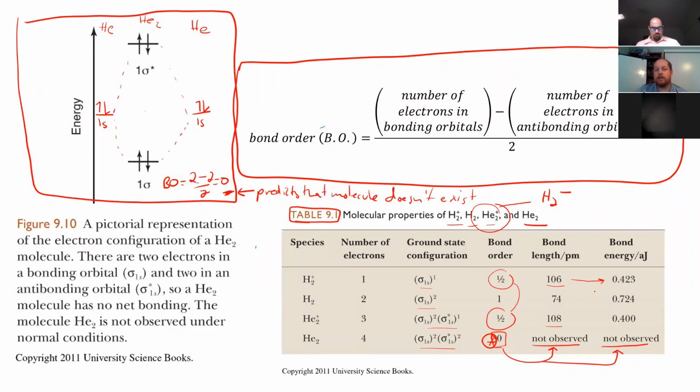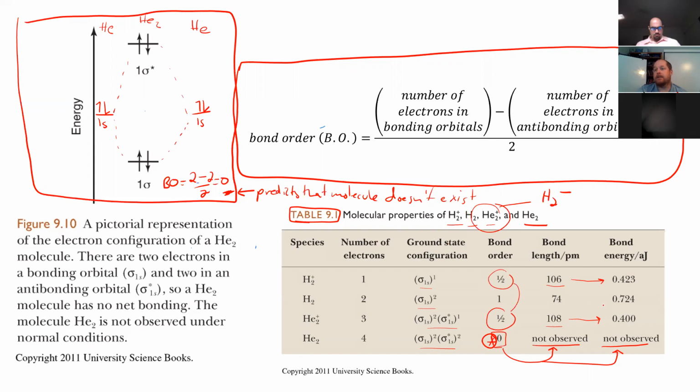The shorter the bond, the stronger the bond. Now, the bond order in this case is the same, so it's not going to be a very different bond energy, and it's not going to be a very different bond length, because the bond orders are the same.